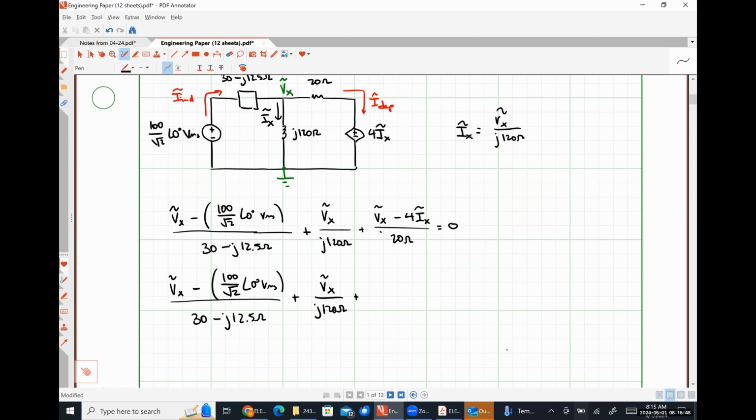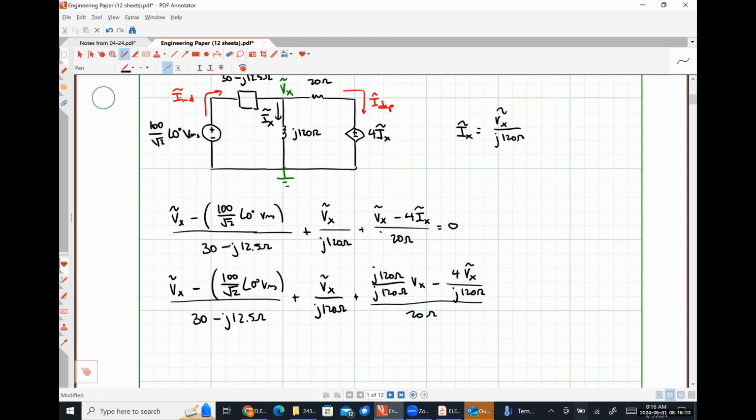So I'm going to do something that might seem a little bit odd here, but I know that Ix is Vx over j120. So I'm going to do j120 ohms over j120 ohms Vx minus 4 Vx over j120 ohms, divided by my 20 ohms here.